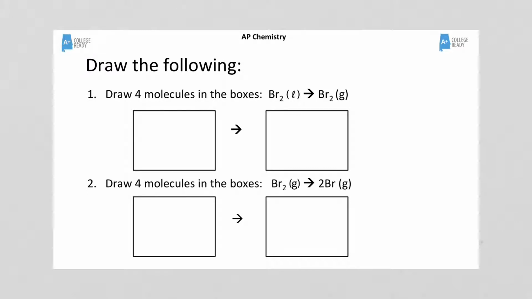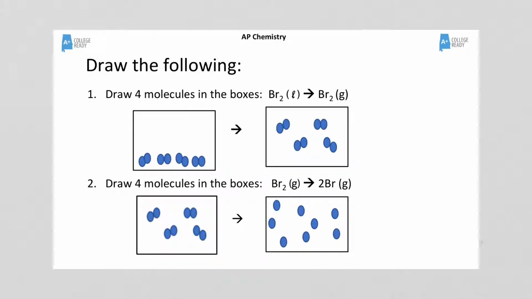Okay, so draw 4 molecules in the boxes, and I've given you Br2 liquid goes to Br2 gas, and then the same directions in the second one. Br2 gas goes to Br gas. So for my liquid, I didn't ask you to show any kind of IMF holding it together.